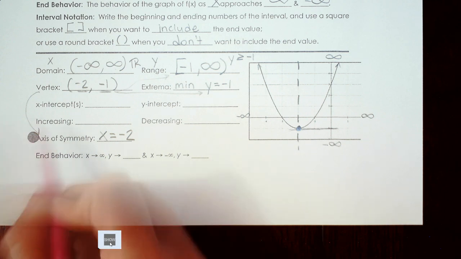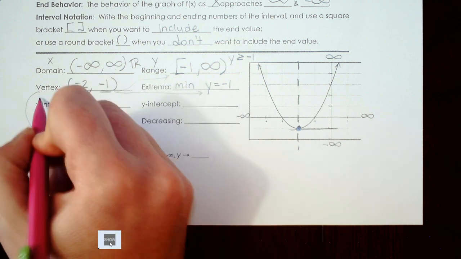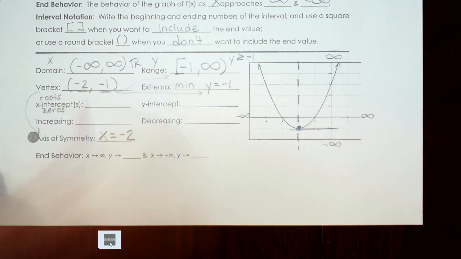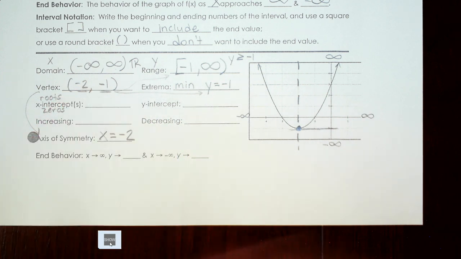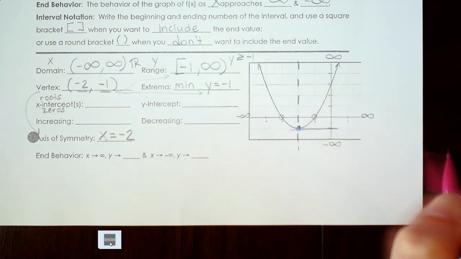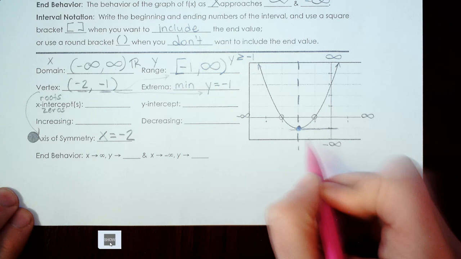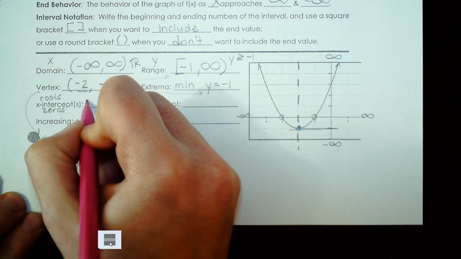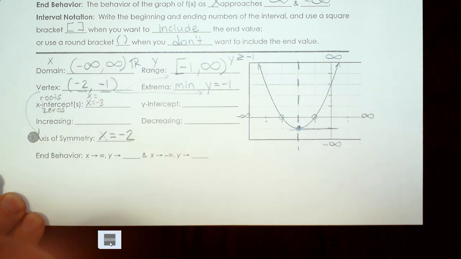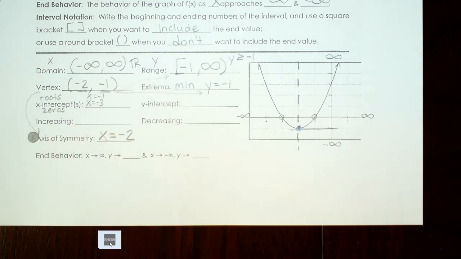All right, x-intercepts, also called roots or zeros, all of those mean the same thing, are these points right here where it crosses. Okay, so a couple ways you could write this. You can write it as x equals -3, x equals -1, or you can write it as ordered pairs.